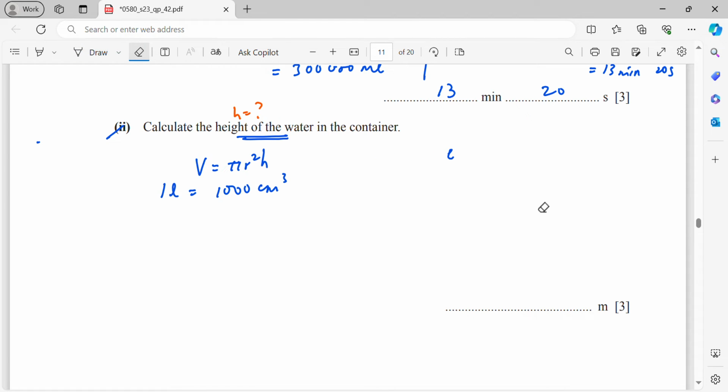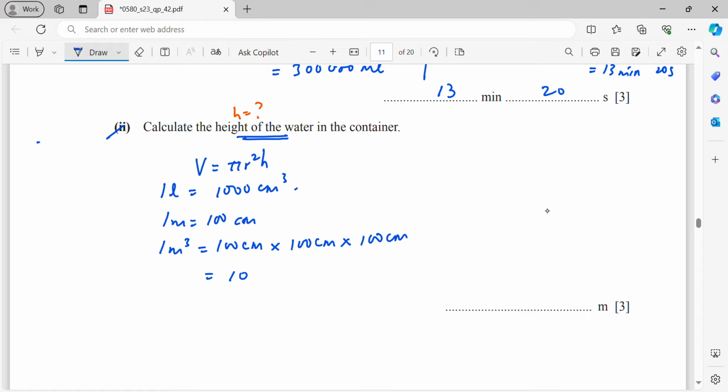So I will just write here, 1 meter is 100 centimeter. Now I need to get centimeter cube, means that 1 meter cube will be 100 centimeter times 100 centimeter times 100 centimeter. That means this is going to be 10 power 6, right? You can just add on here.